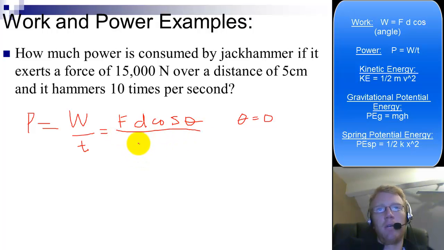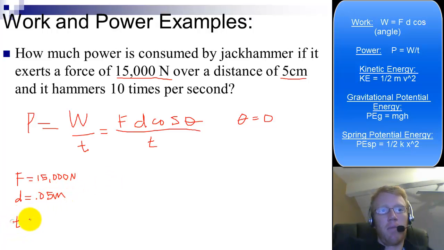Anyway, over time. Okay, so we have to figure out the force that's given, 15,000 newtons. Distance, 5 centimeters. We should probably convert that, right? So it's nice to set up your variables. You can be lazy and not do that, but frequently if you write them down, it will save you from making a mistake. So this is 0.05 meters because what's given is 5 centimeters and we wanted it in meters.